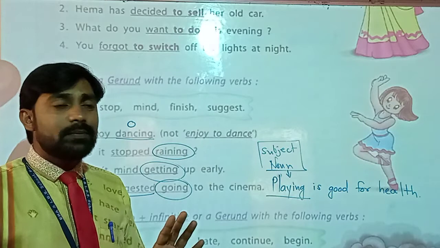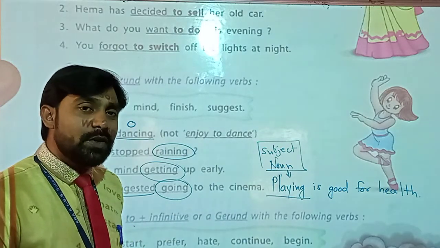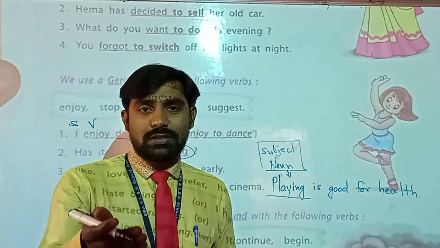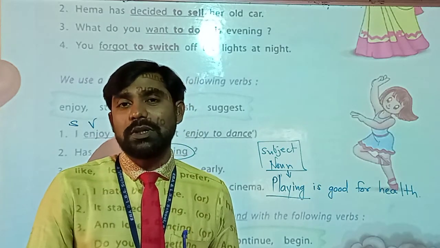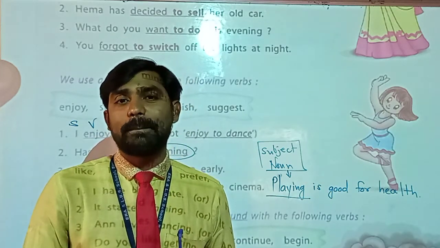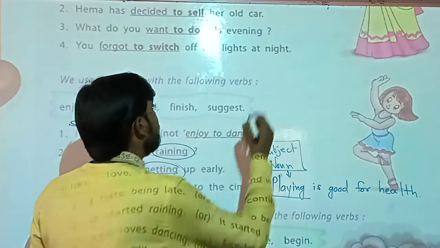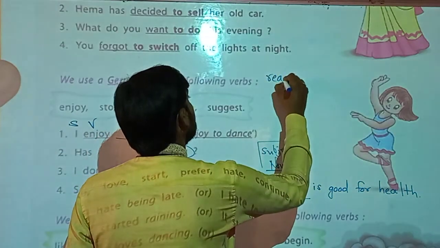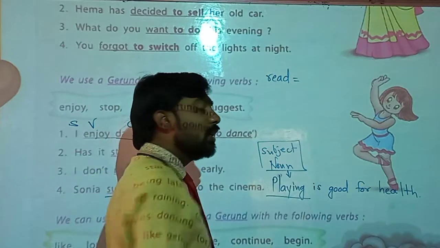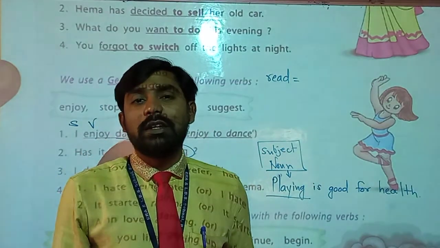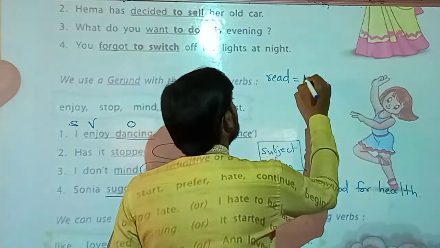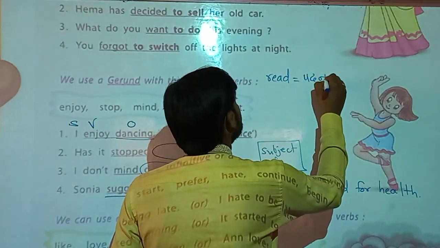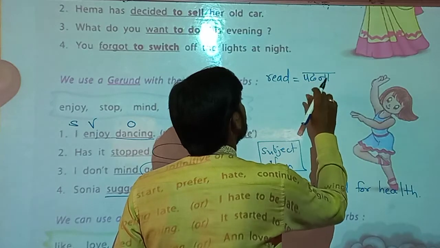In Hindi, if we are saying verbs, so it ends with na. It ends with na. Example, this word, read. In Hindi, it means padhna. Read means what? Padhna. Okay.